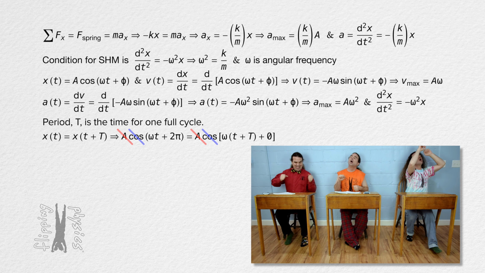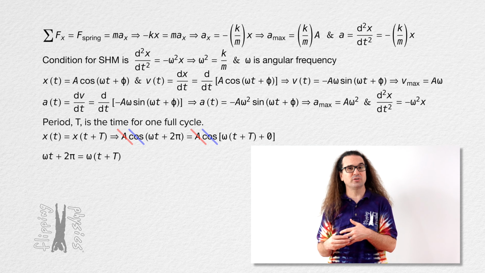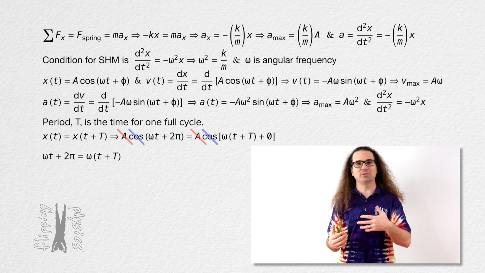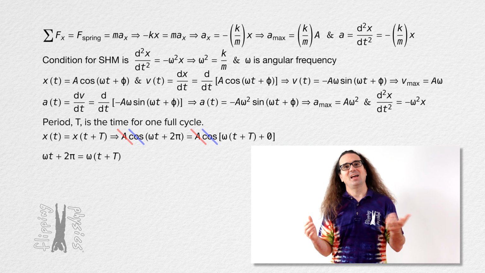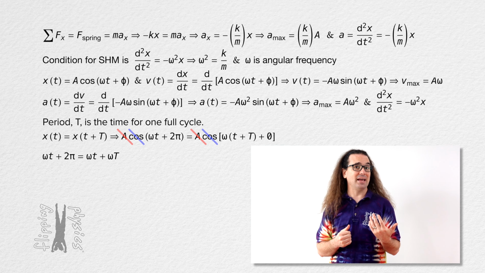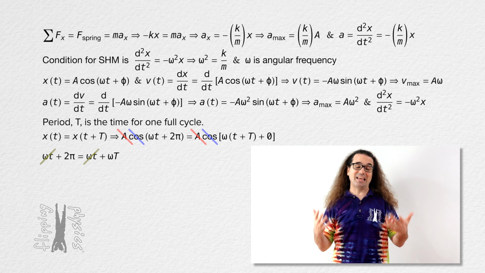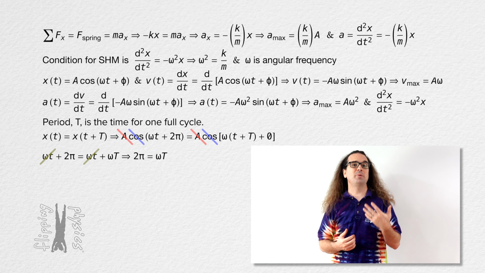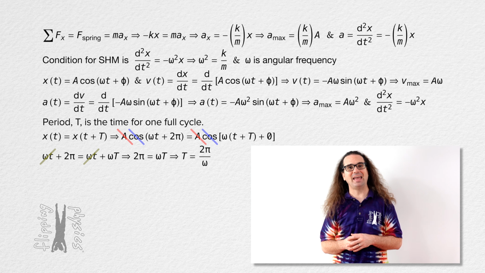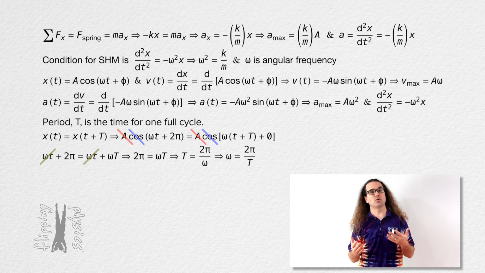Technically, we have to take the inverse of cosine of the whole equation, but sure, everybody brought amplitude times cosine to the party. Close enough for dancing. And when we multiply through by omega on the right-hand side, you can see we can subtract angular frequency times time from both sides. Sure. That leaves us with 2 pi equals angular frequency times period. Therefore, period equals 2 pi divided by angular frequency, or, if you prefer, angular frequency equals 2 pi over period.